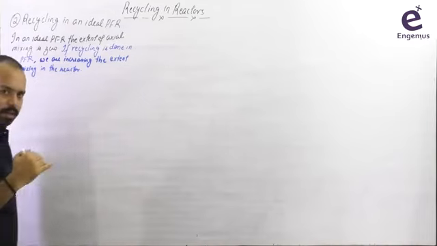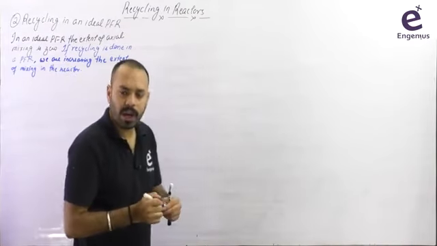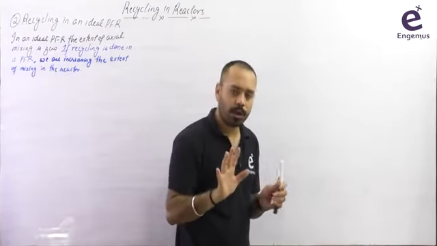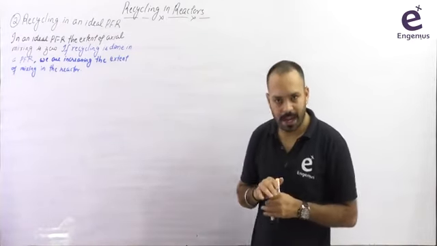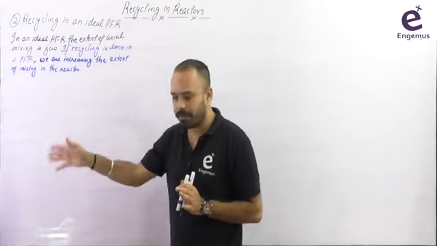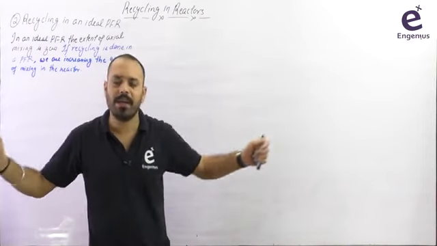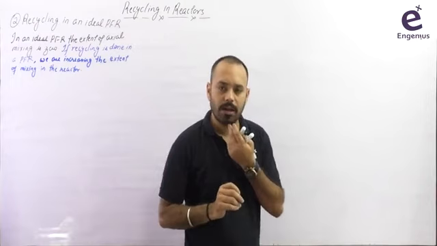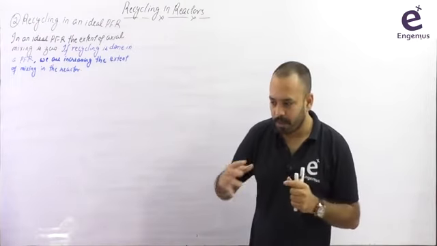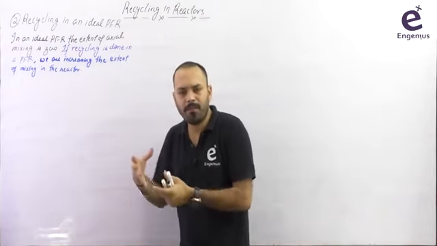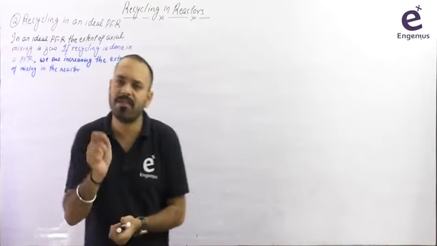Means we are increasing the extent of mixing. I told you that there are two extremes. In the case of ideal reactor, there are two extremes. One extreme is 0 mixing and one extreme is infinite mixing. But in the 0 mixing case, in the case of ideal PFR, if you are recycling, means you are bringing in some extent of mixing. Means what should be the effect?